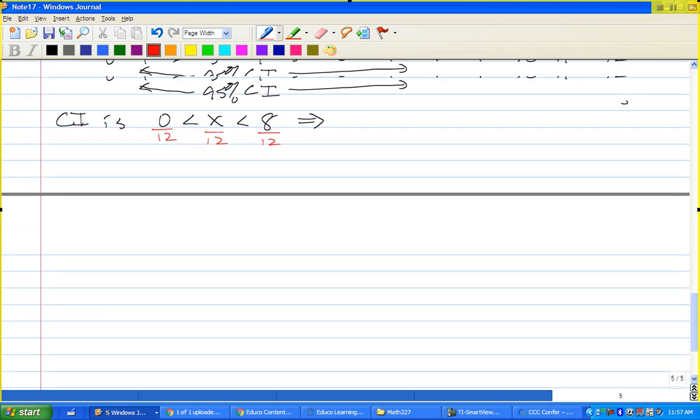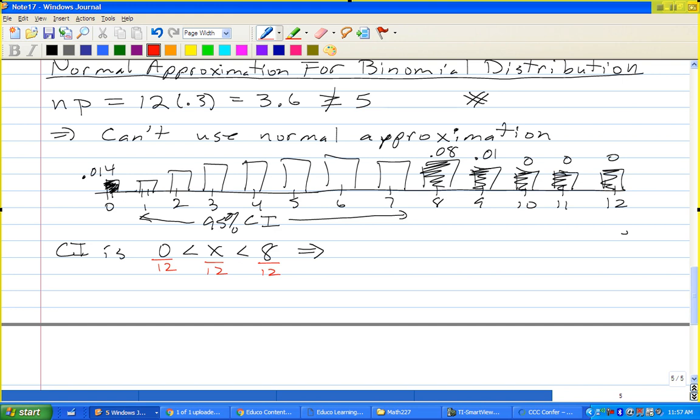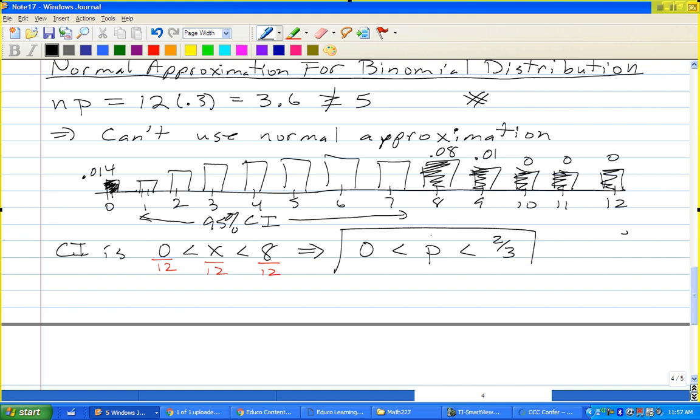If we do that, 8 will give you 2/3. So my confidence interval is 0 less than p less than 2/3. So this is my 95% confidence interval for estimating the true population proportion.